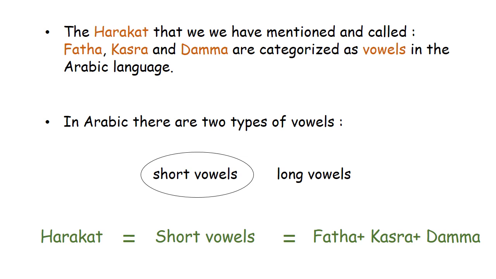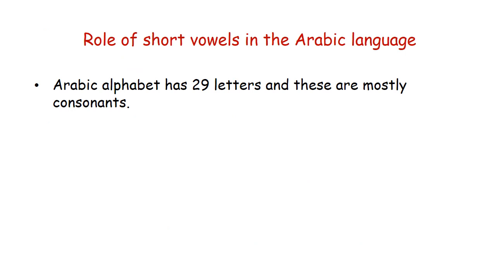Before analyzing these short vowels one by one, let's start by defining the role of short vowels in the Arabic language. As we already said, the Arabic alphabet has 29 letters, and these are mostly consonants. But this doesn't refute the existence of vowels.